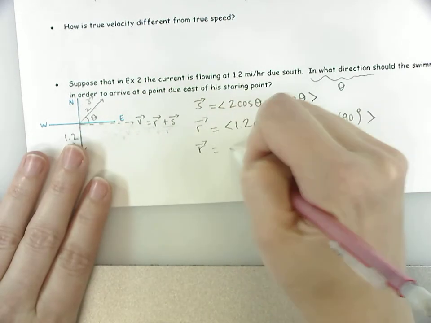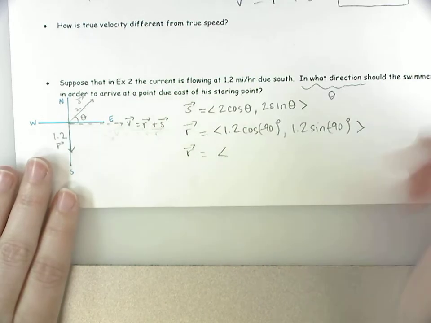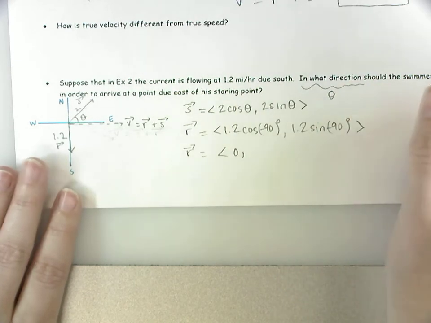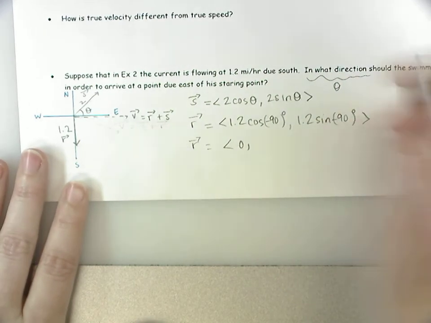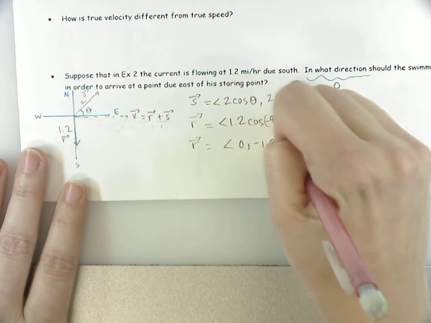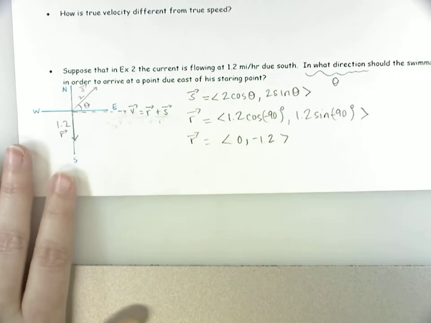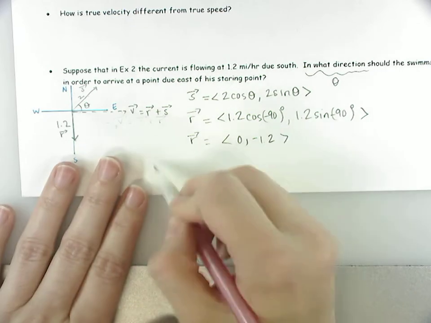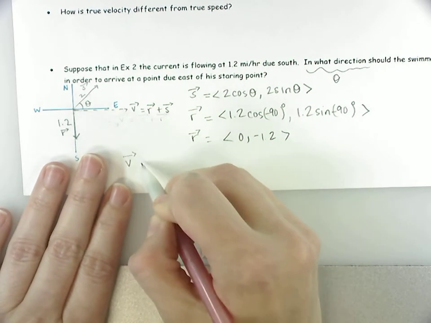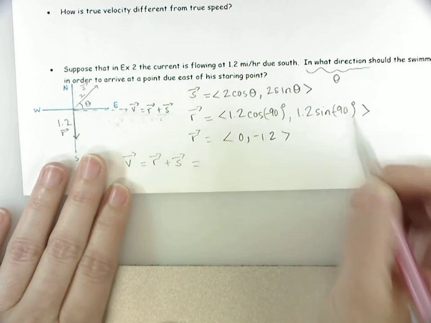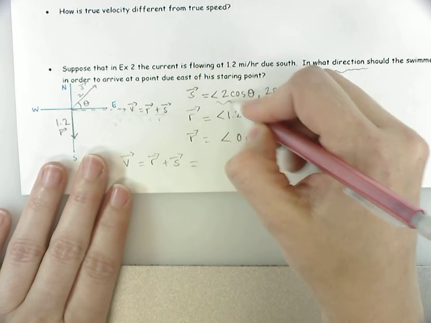Okay, so for negative 90, your cosine is still going to be 0. And for this one, you're going to have negative 1, so negative 1 times 1.2 is negative 1.2. So if you guys were here yesterday, this is similar to yesterday in that we're going to create the resultant vector, and we're going to have an expression. So when I add these two together, I'm adding the horizontal component to the horizontal component.